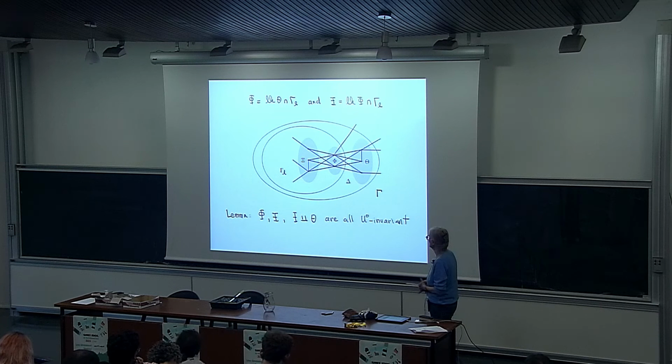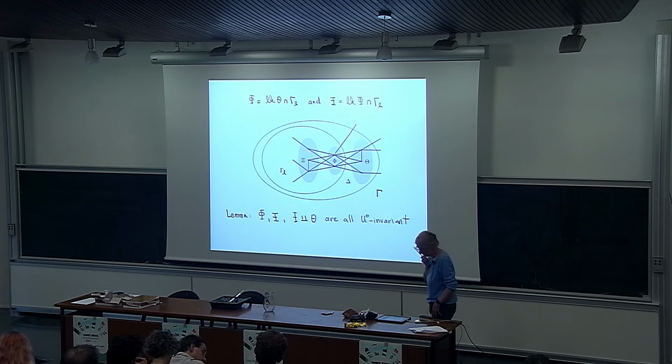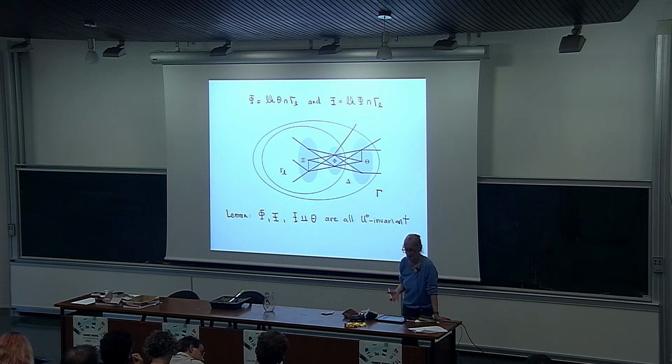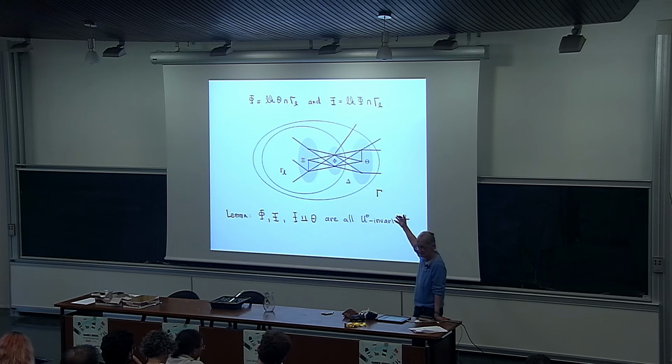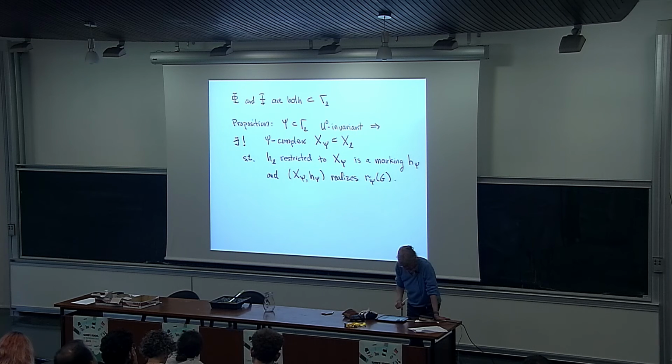And then there's a lemma that xi and phi, and actually the whole blue thing, are all gamma invariant. The only thing in this picture that isn't gamma U0 invariant is possibly theta. So I've got complexes for all of those things by induction, except for theta. So what do I have to do?